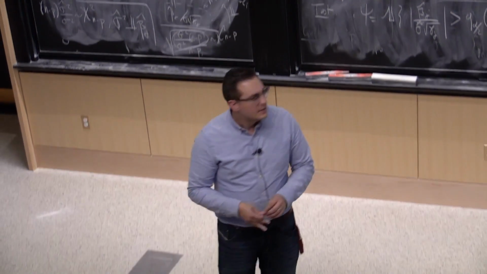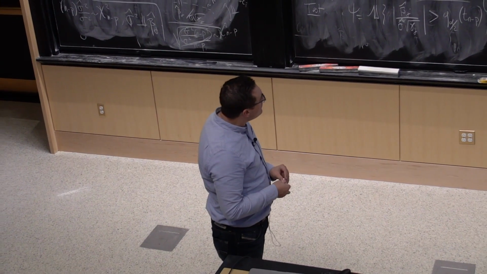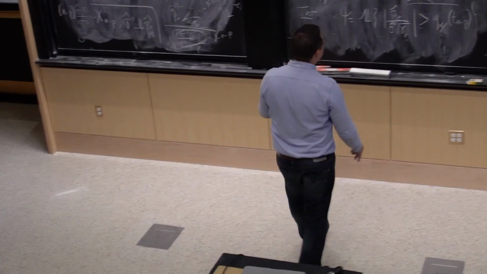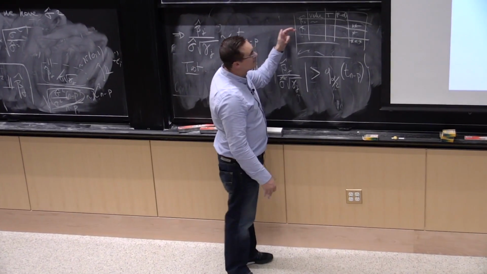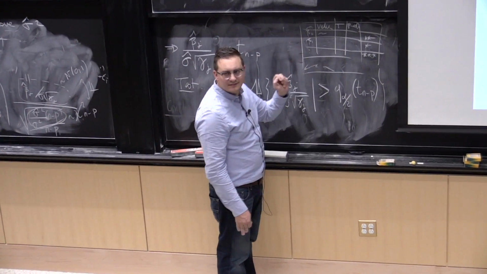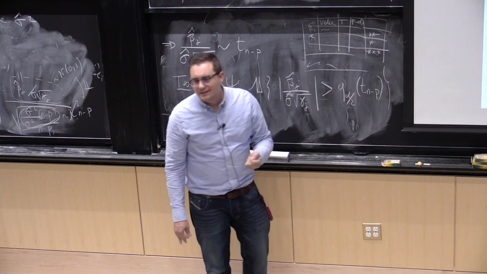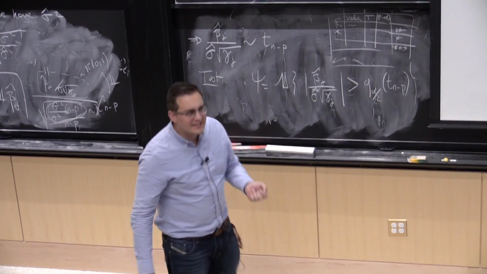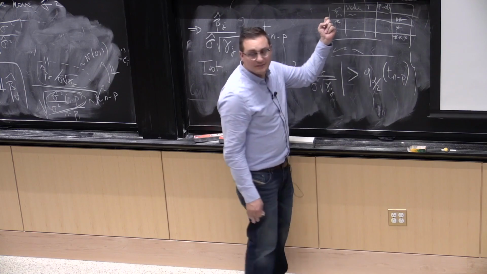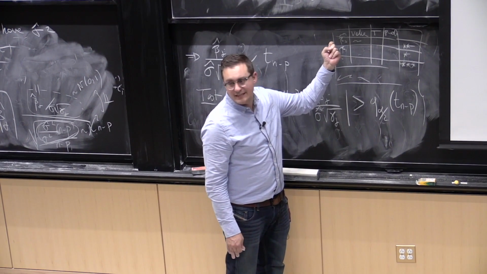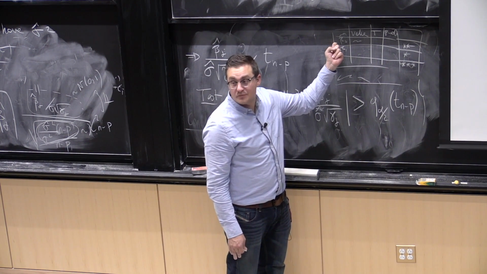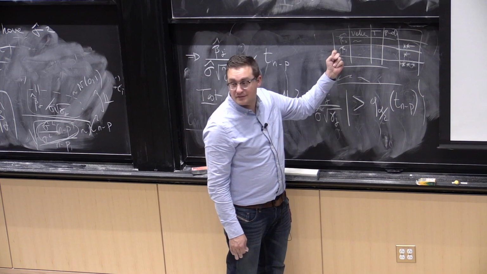OK? And so the problem is that when you start doing this, and then this, and then this, and then this, the probability that you make a mistake in your test, the probability that you erroneously reject the null here is 5%. Here it's 5%.